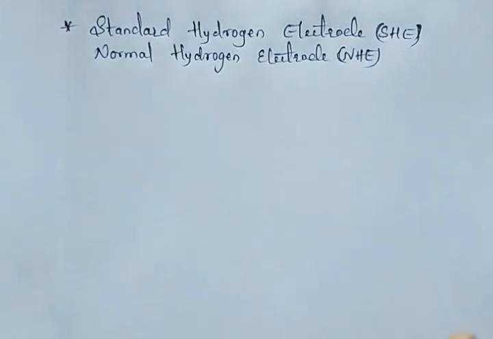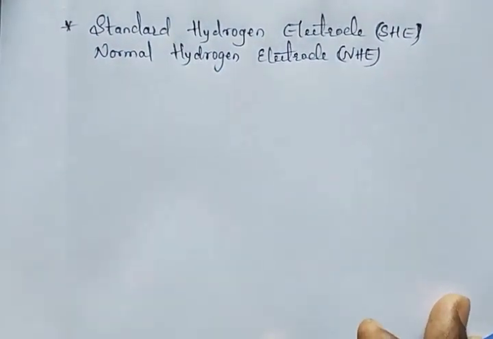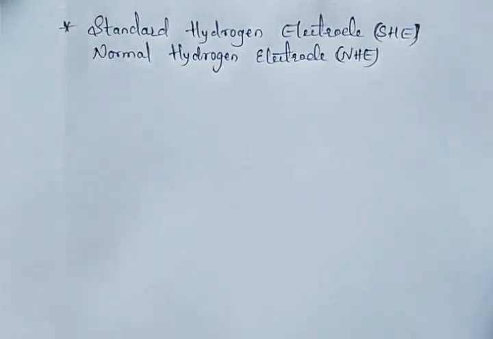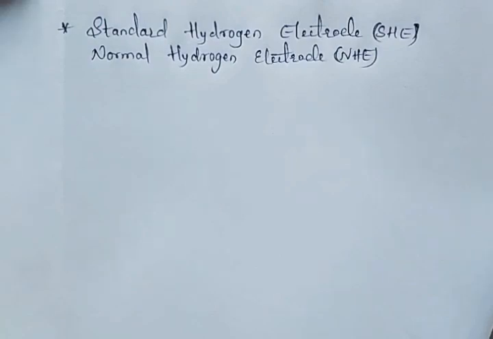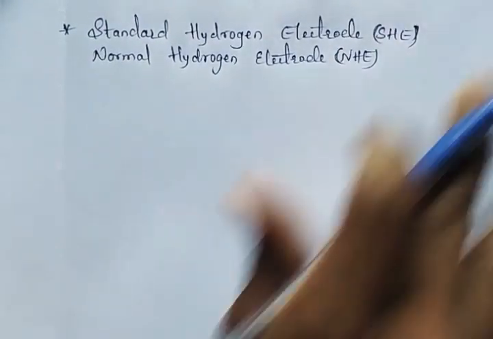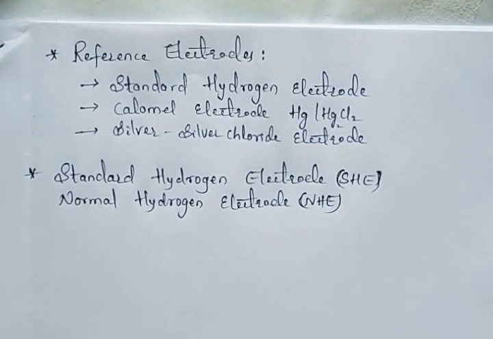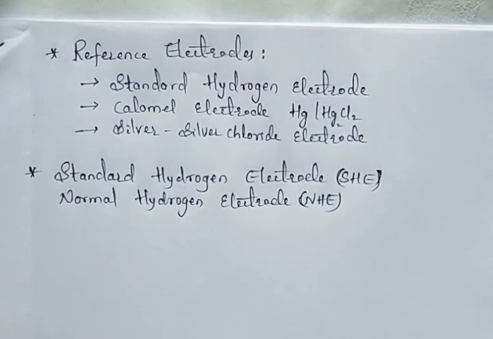That means another electrode. So in order to measure the electrode potential of a particular electrode, we require a standard reference whose value is arbitrarily taken as a constant. So different reference electrodes are used, for example, the standard hydrogen electrode, the calomel electrode, which is made up of mercury and mercury chloride, and the silver chloride electrode.